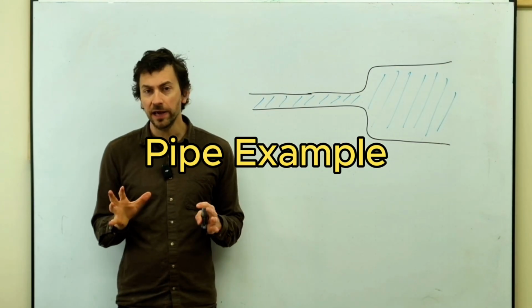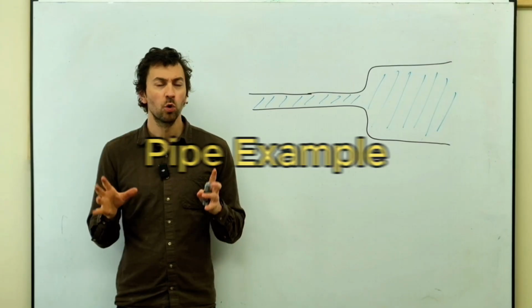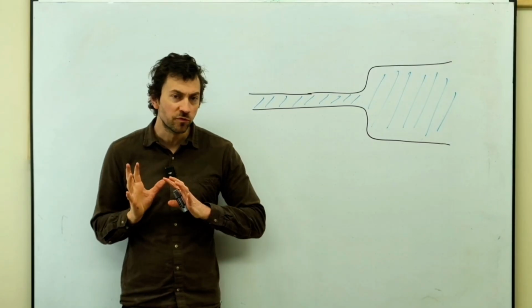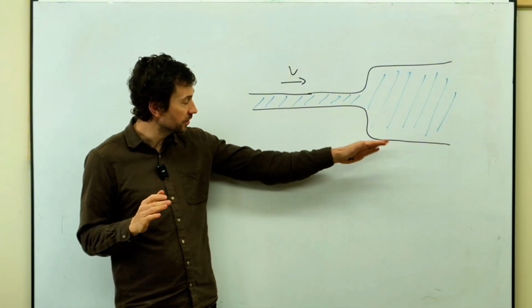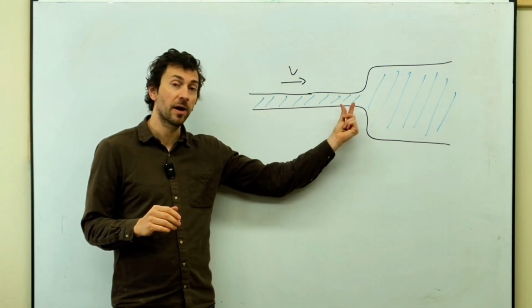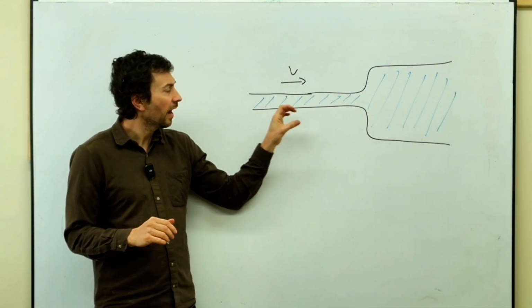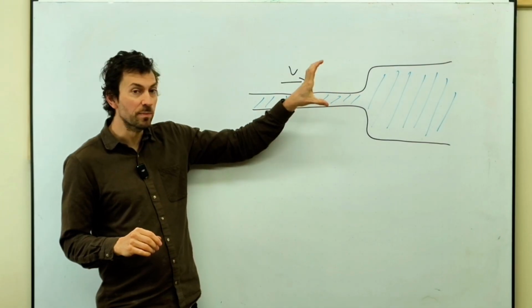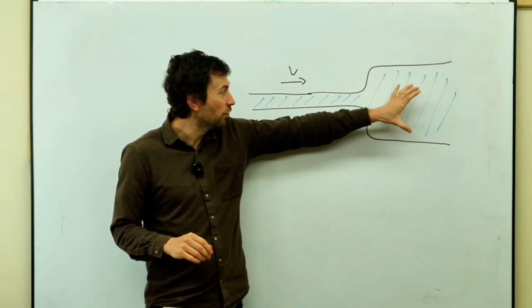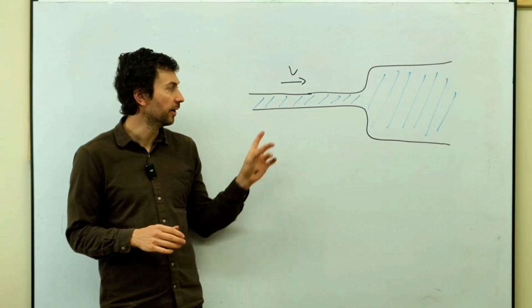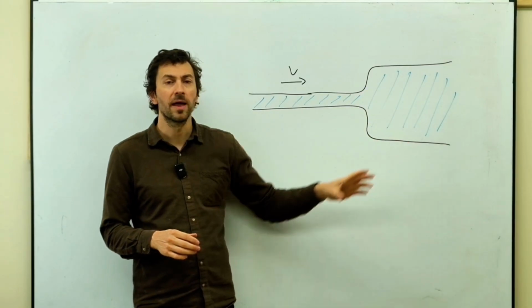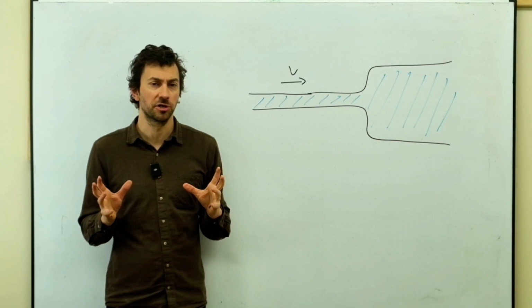All right, let's imagine a pipe system with water in the pipe flowing. So the water in these pipes is moving this way. And here the pipe is a skinny little pipe, and the pipe opens out into a big fat pipe over this way. This part of the pipe has a small cross-sectional area, and this part of the pipe has a large cross-sectional area.